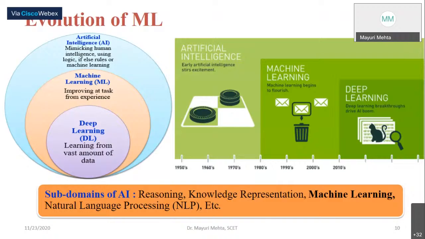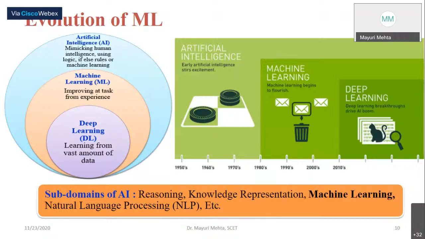Artificial intelligence is a branch of computer science which has the potential to analyze complex data. Sometimes it is called machine intelligence because it is intelligence demonstrated by machines, in contrast to the natural intelligence displayed by humans, right? So AI is a technique that enables computers and machines to mimic human intelligence using logic, if-then rules, decision trees, and machine learning.